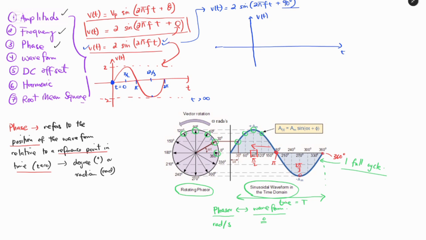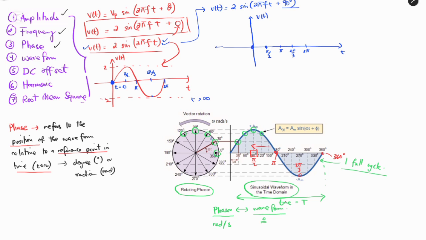That means we have to shift by 90 degrees. If this point is pi on 2, this is pi, 3 pi on 2, and we have the 2 pi, the signal must be shifted by 90 degrees. That means in this region.